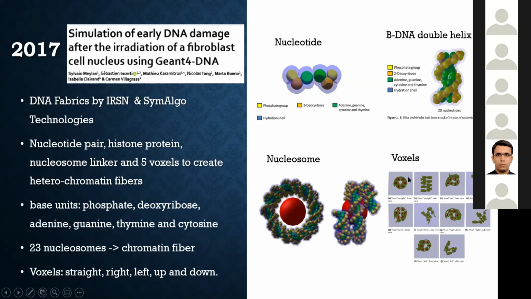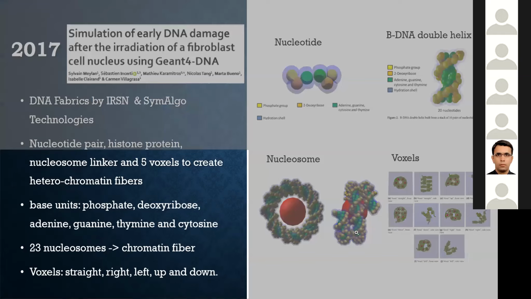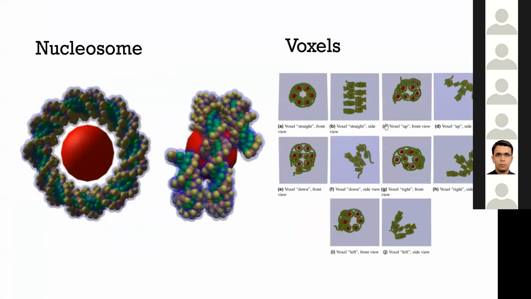So these nucleosomes are connected by linkers, and then these are the ones that create the chromatin fiber, as you can see here. In this part, you can see that different configurations of the condensation of the DNA are created.